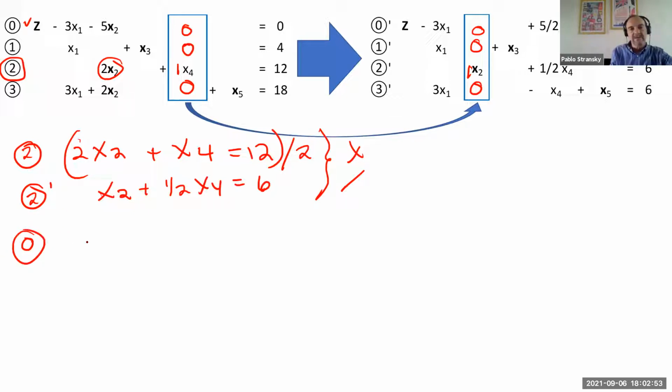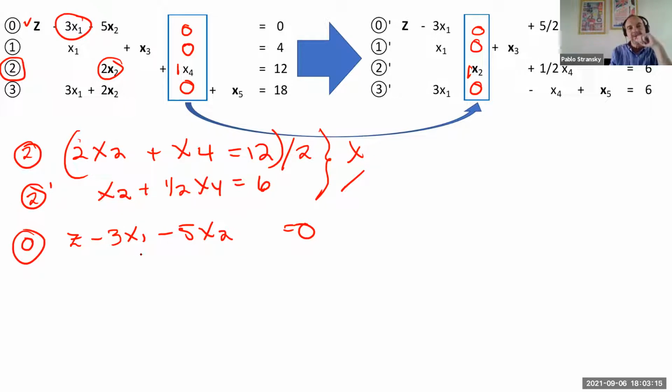Regarding equation 0, we got z minus 3x1 minus 5x2 equal 0. And I need this 5 to become a 0, the one that I got over here. How can I do that?